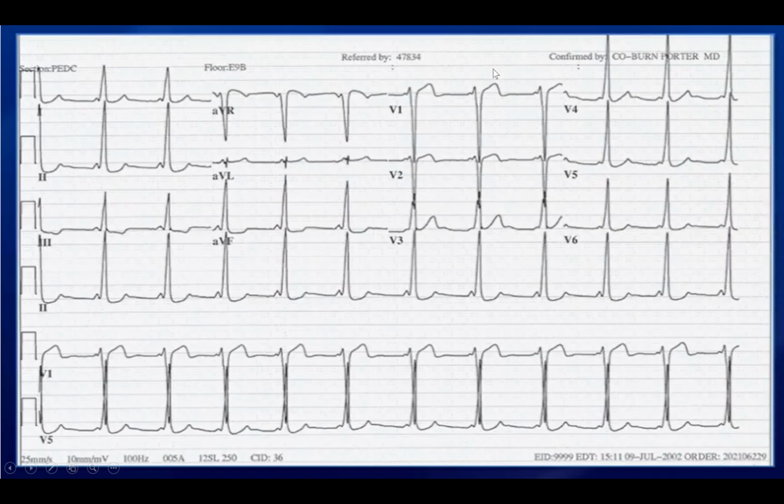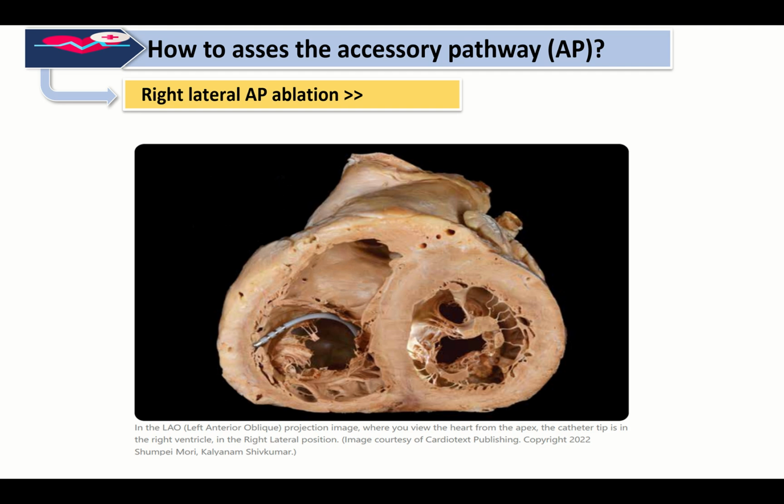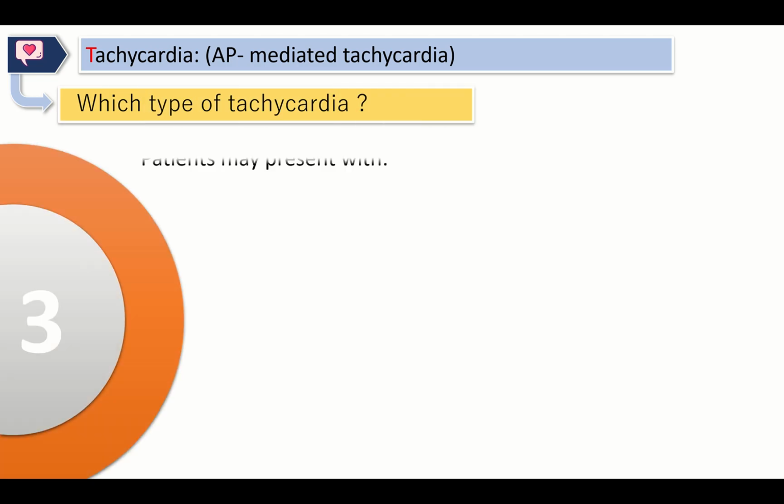How do we know? It is a clear positive delta in V1, late transition V3, V4, and positive delta in inferior leads. So we are dealing with an anterolateral right-sided accessory pathway, and here where we did ablation, it was a successful ablation using the ablation catheter. Go to the right side tricuspid annulus, right free wall, successful ablation.